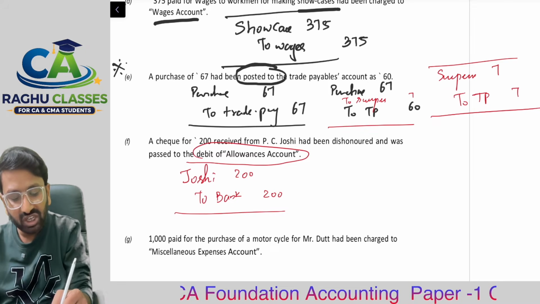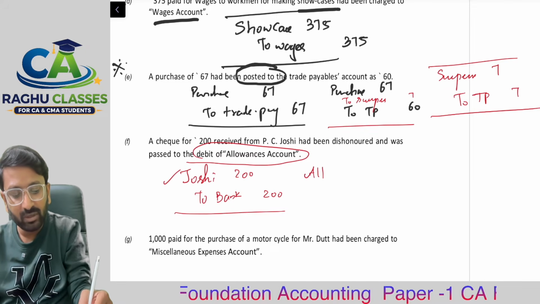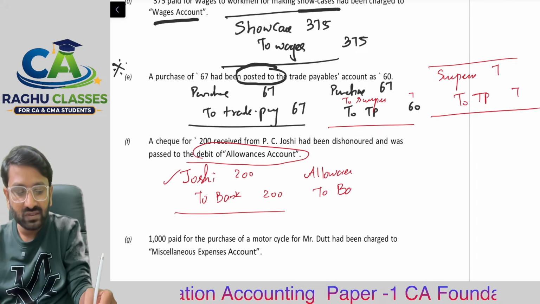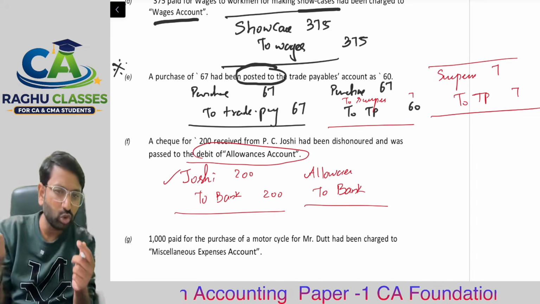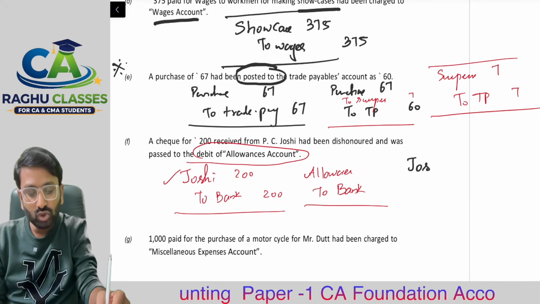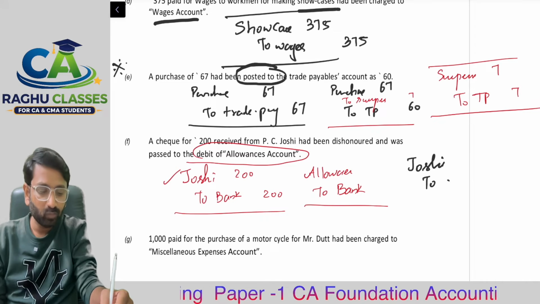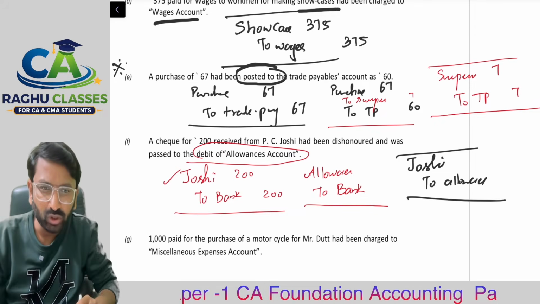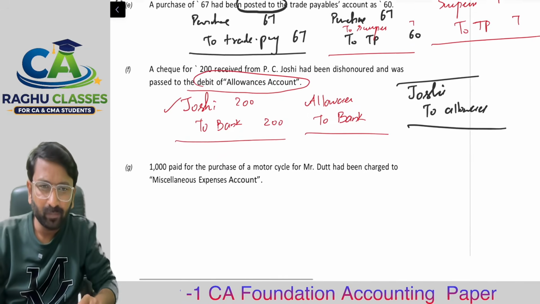So instead of Joshi account, it is posted to the debit of allowances account. So the wrong entry will be allowances account debit to bank. It should have been Joshi to bank. We have done allowances to bank. So the rectification entry will be Joshi account debit to allowances. Okay, 200 rupees.